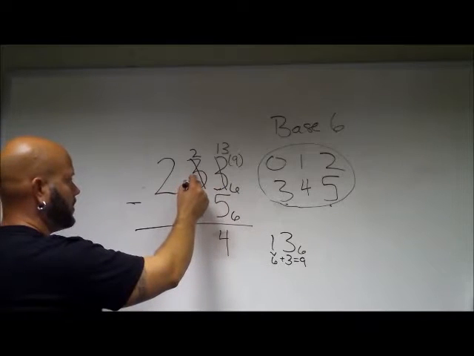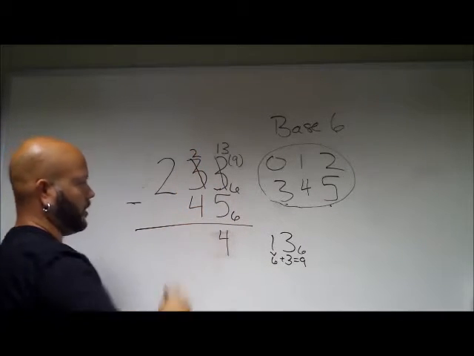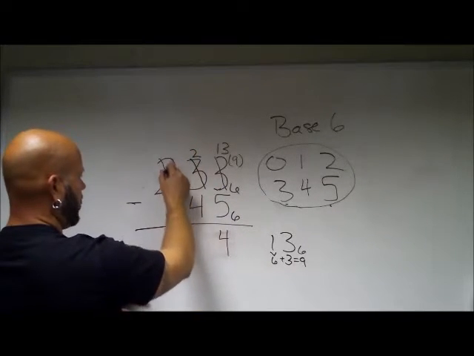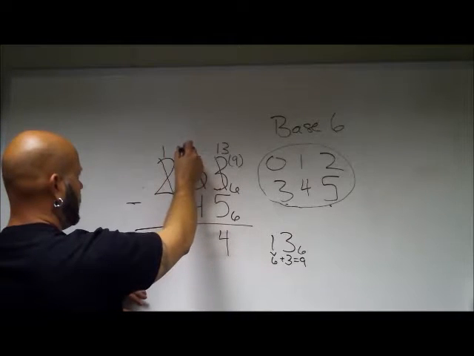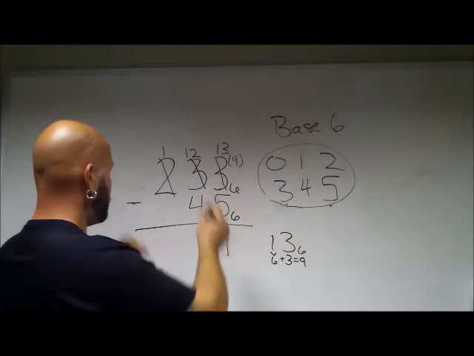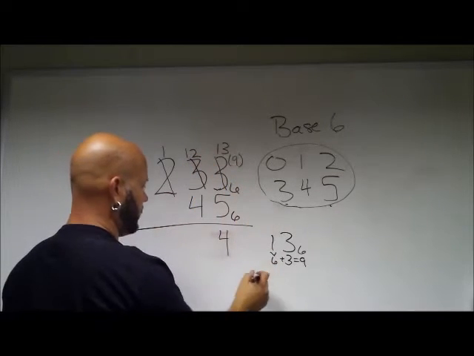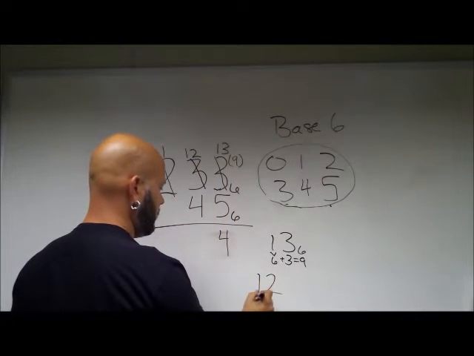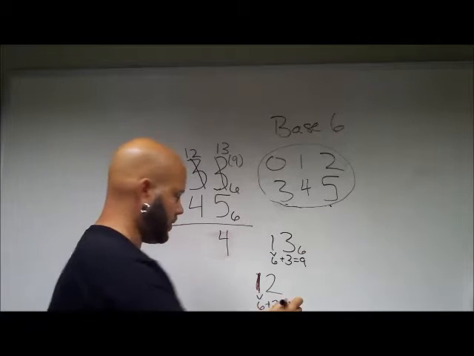On to the next space. Well, 2 take away 4 we can't do, so we need to borrow 1 from over here. And so this becomes 12, or 1, 2. 12 in base 6 means one group of 6 plus 2 singles.